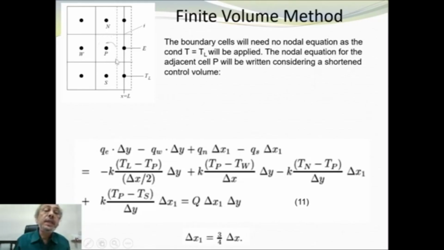And the energy generation rate also will be considered within this control volume. For this dotted control volume, we don't write any equation. It is represented by a point where the temperature value, or the value of the dependent variable, is directly known.